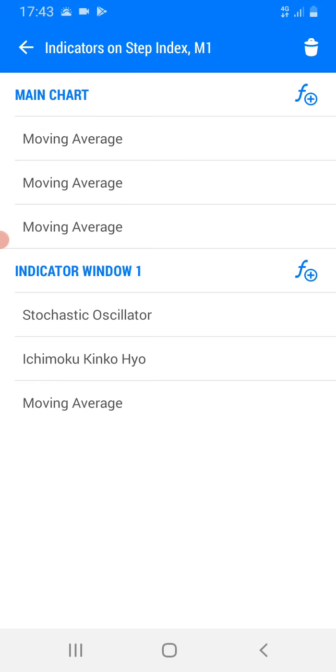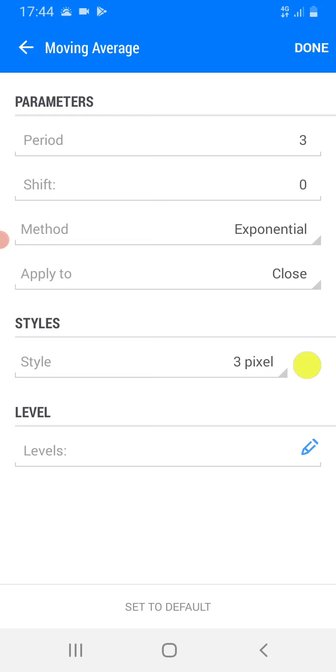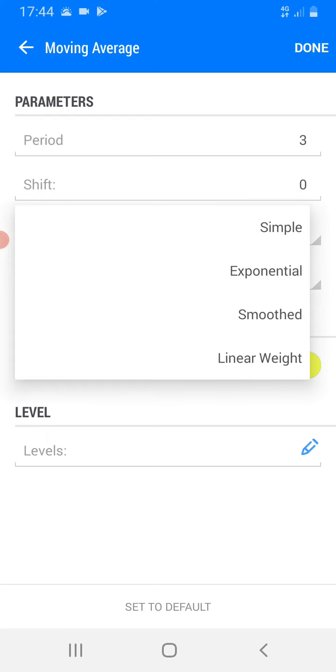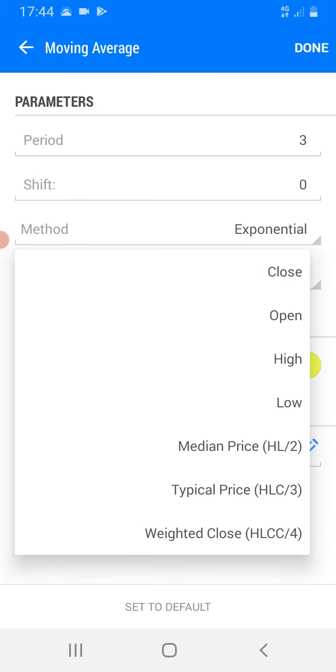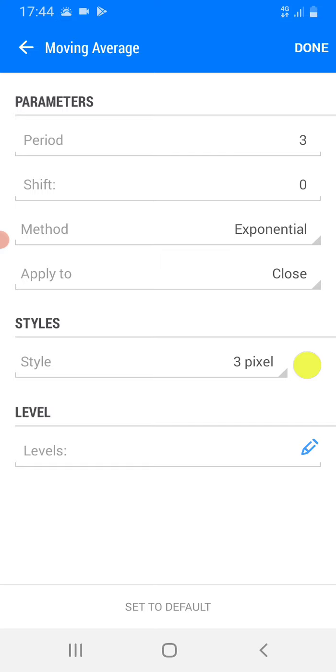The first indicator you need for the strategy is the moving average. The moving average period 3, shift 0, method exponential, apply to close. The style is 3 pixel.